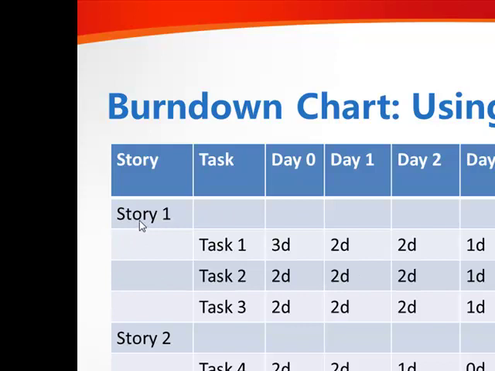For this example, we have story 1, we have task 1, task 2, task 3. Let's say one developer is assigned this entire story 1, 1, 2, and 3. Okay. Now, going back to that example, how should we read this chart? Well, our total days are then 3 days, 2 days, and 2 days, meaning 7 days in total.